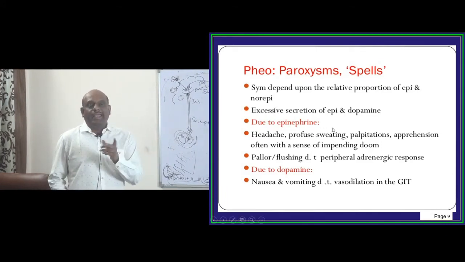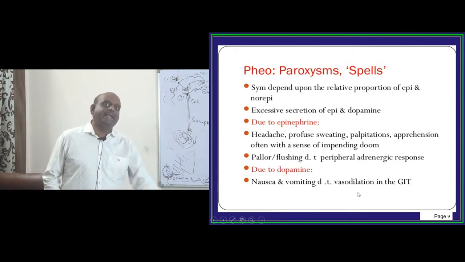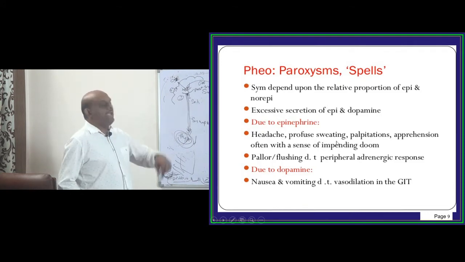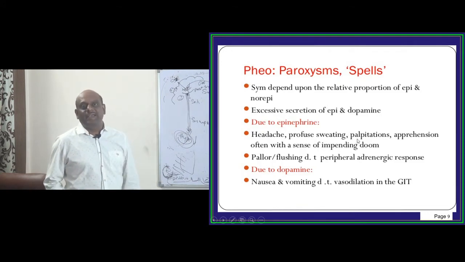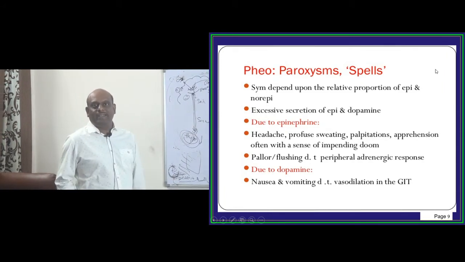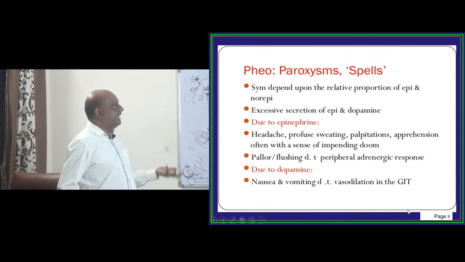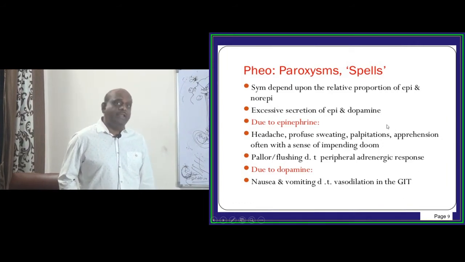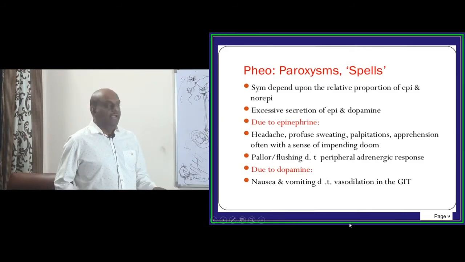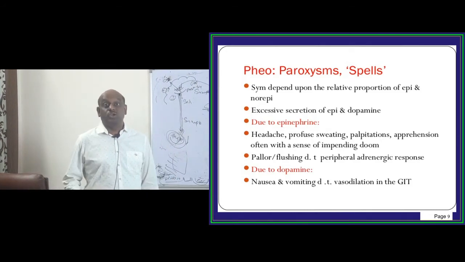Generally, excessive epinephrine and dopamine make the patient more symptomatic, unlike norepinephrine. The symptoms because of epinephrine are headache, profuse sweating, palpitations, apprehension, pallor, flushing, etc. Because of dopamine, the symptoms are nausea, vomiting, and vasodilatation of the gut.